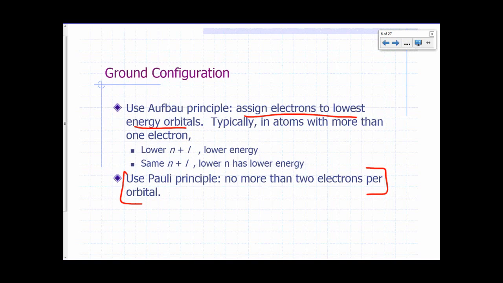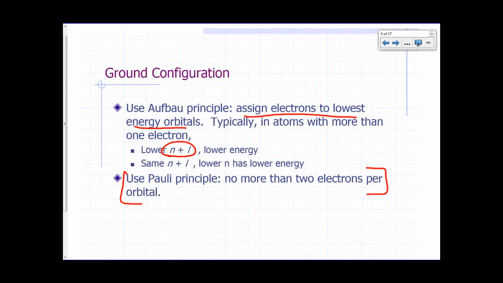So typically, to get the lowest energy configuration, the ground configuration of the atom, you pack the electrons into the lowest possible energy orbitals, and the order in which you fill those orbitals depends on the value of n plus L for the orbitals.